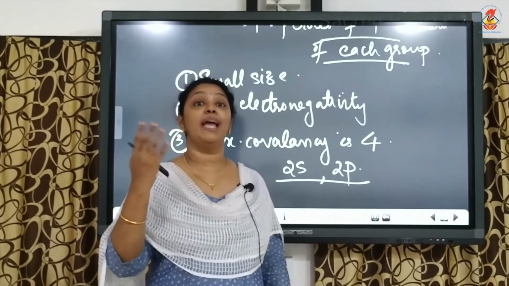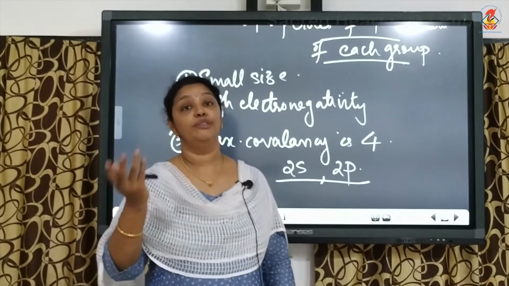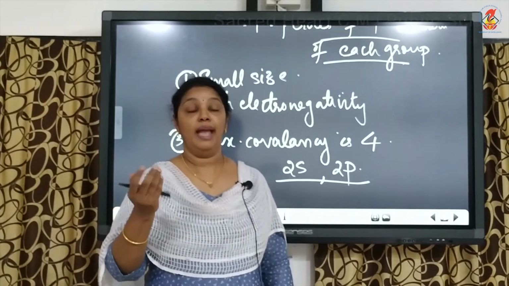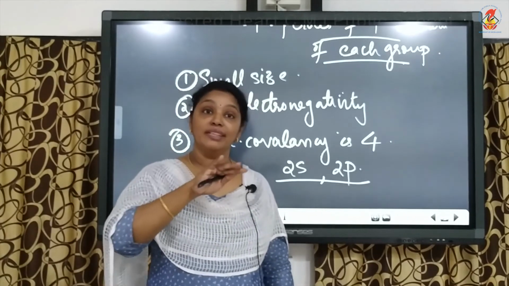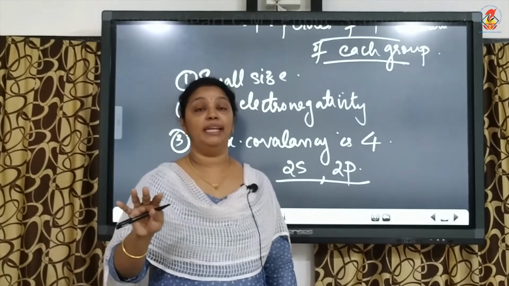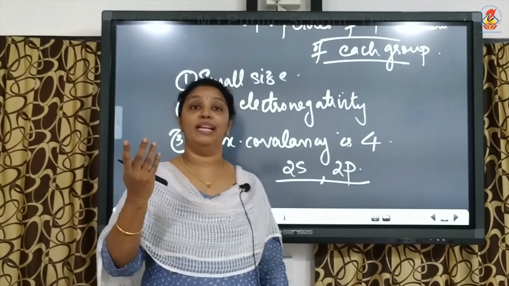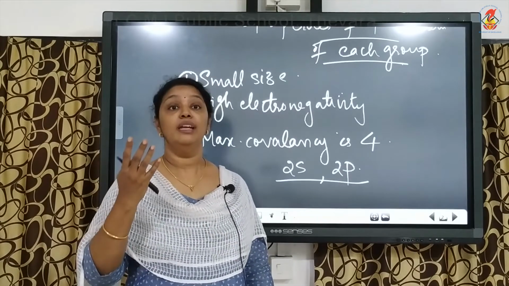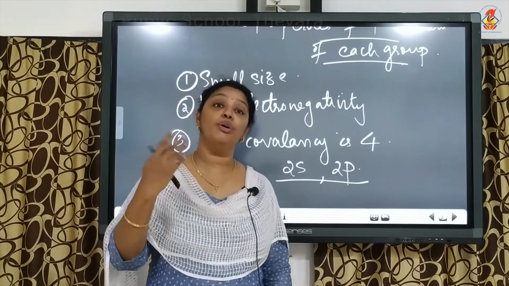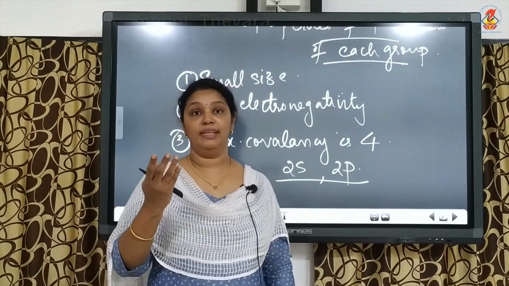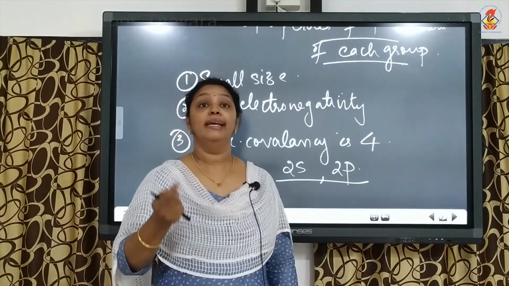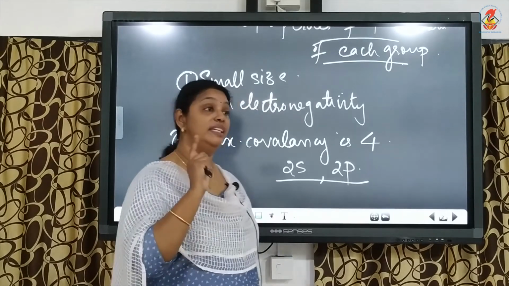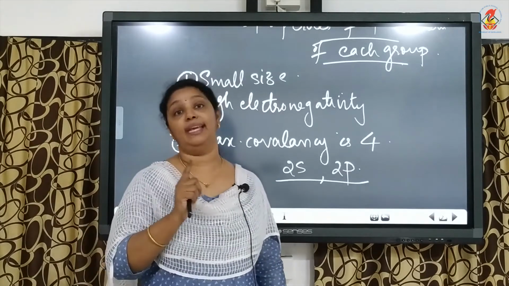It cannot expand its covalency greater than 4. Whereas the elements of third period, fourth period can expand their covalency greater than 4, or they can form more number of bonds greater than 4, because in third period we have d orbitals, but it is vacant.